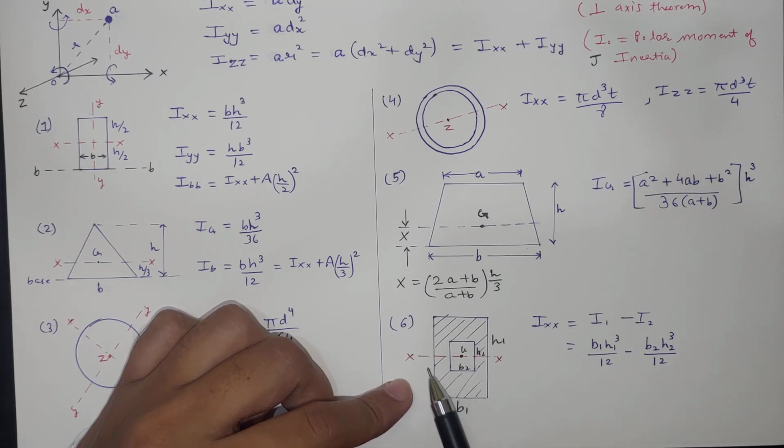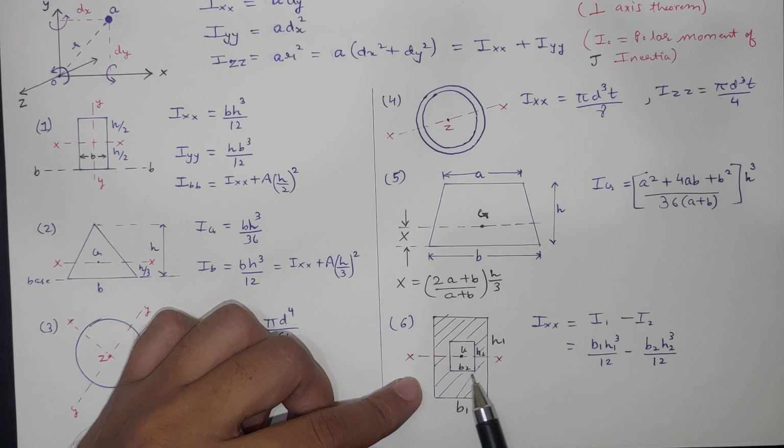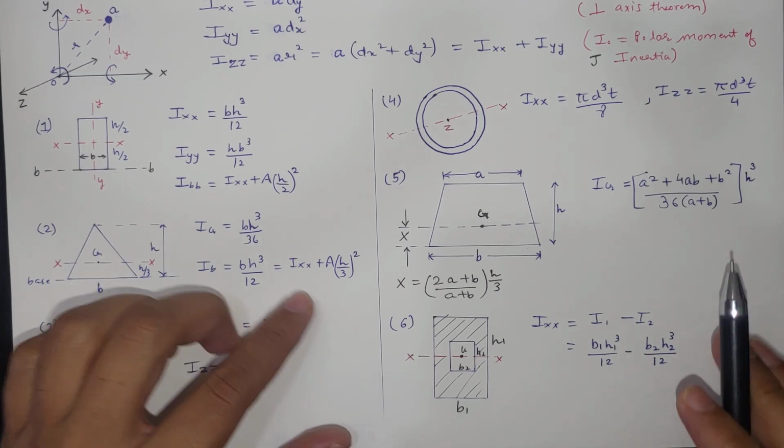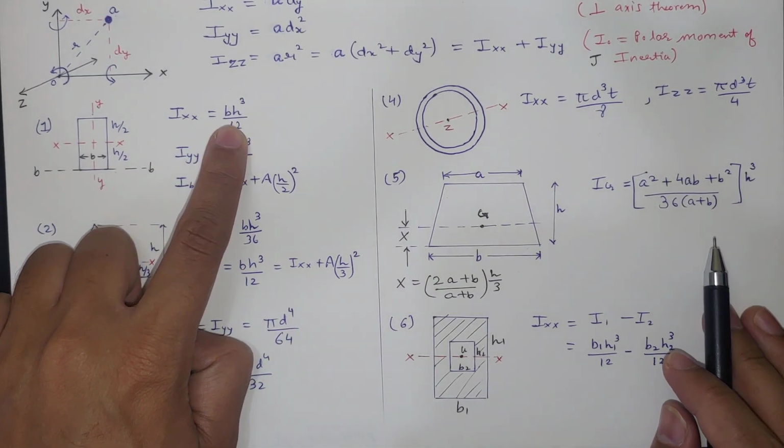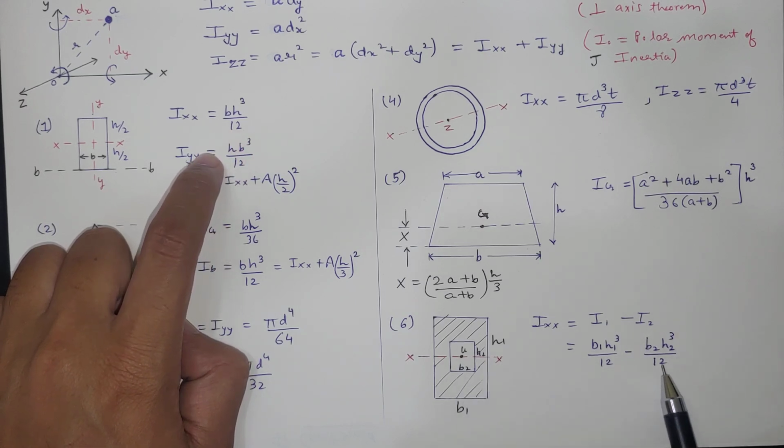So now if you want to calculate for this particular shaded area, then Ixx will be simply the summation: for the bigger rectangle I1, and for the smaller rectangle we have to subtract because it is a hole. So here minus I2. For the bigger rectangle it is b1 h1 cube by 12 from this rectangular formula, and minus I2 will be b2 h2 cube divided by 12.